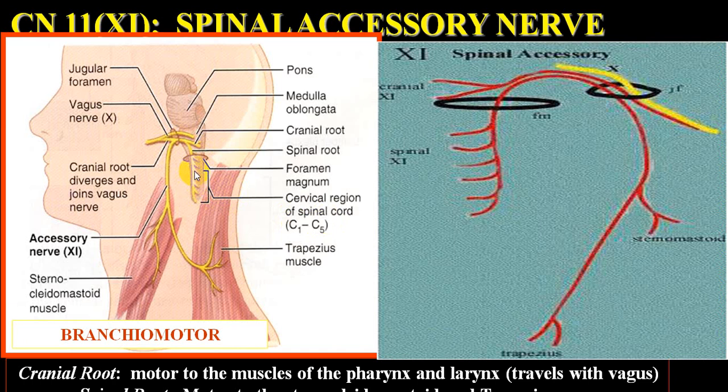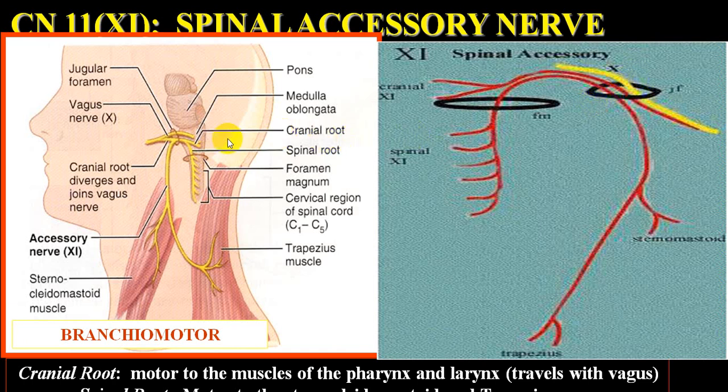So spinal nerve root from C1 to C5 forms a combined root together that will ascend up through foramen magnum, and after ascending up to foramen magnum, it will combine with cranial root here, and then it will come out through jugular foramen, along with vagus nerve and glossopharyngeal. So the 9th, 10th and 11th, three nerves will come out.